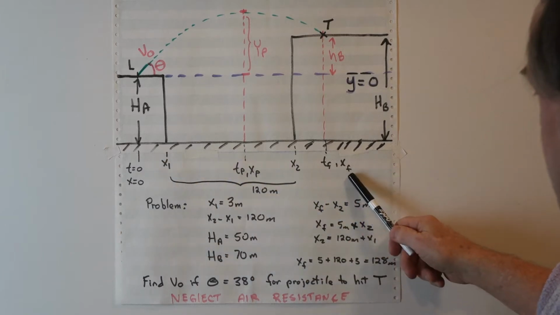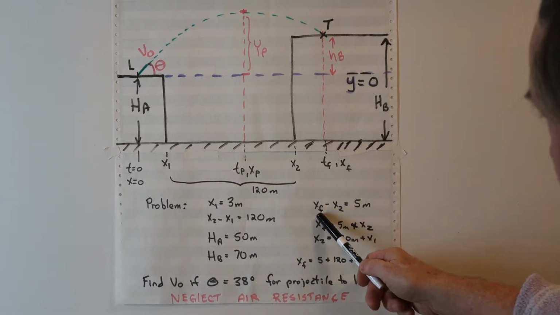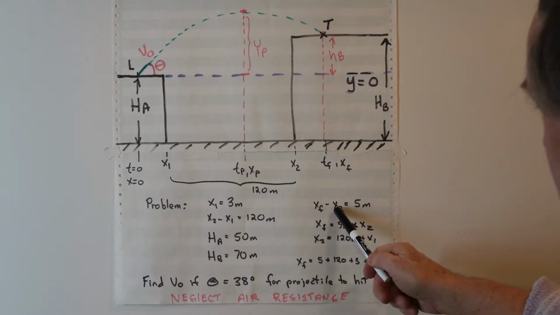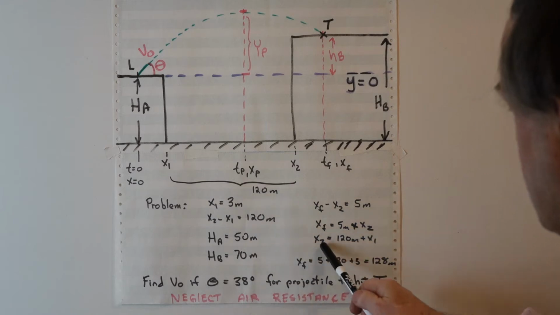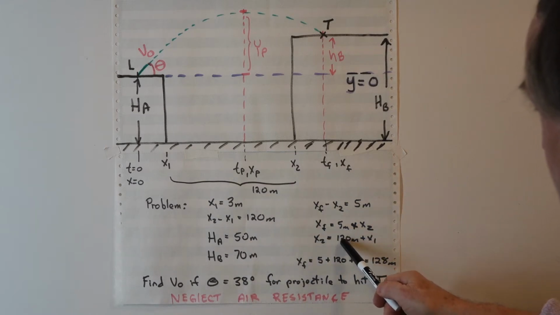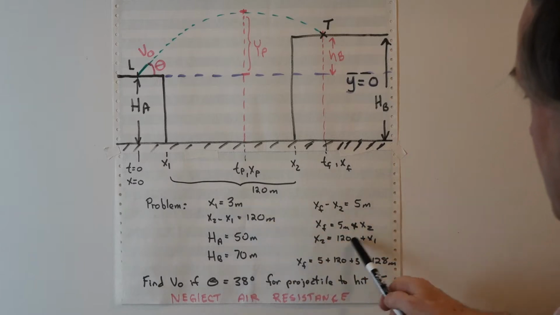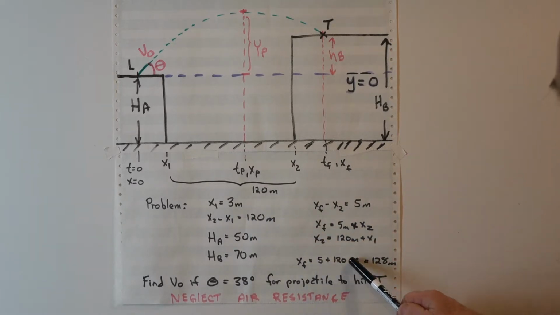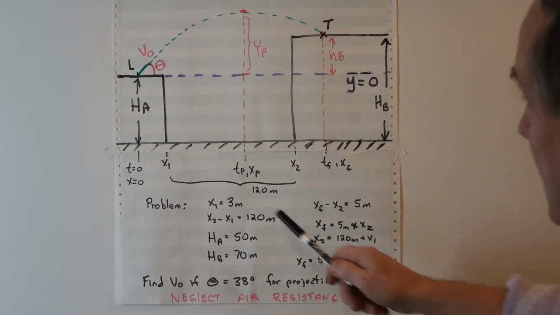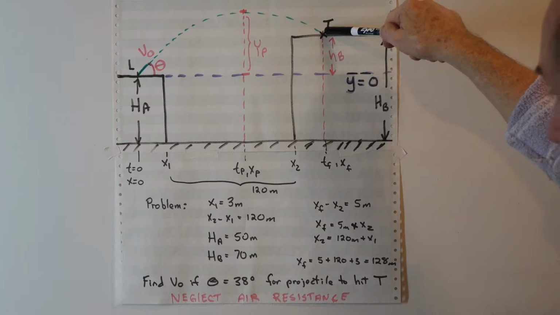So, solving for xf, it'll be 5 meters plus x2, but x2 minus x1 is 120, so x2 is 120 meters plus x1, and we're given that x1 is 3 meters, so then xf will be 5 meters plus 120 plus 3, or 128 meters from the launch point to where the target is.